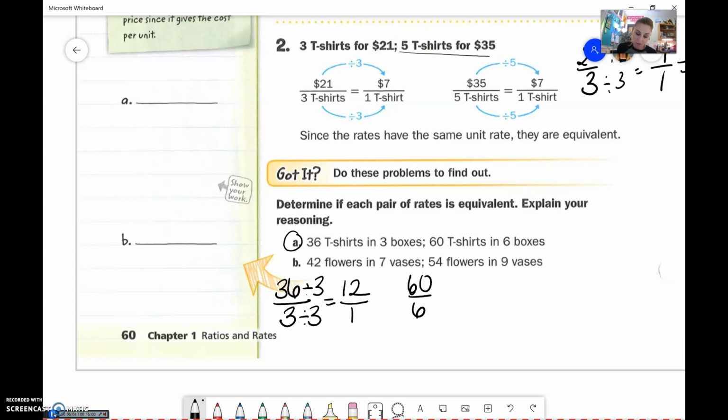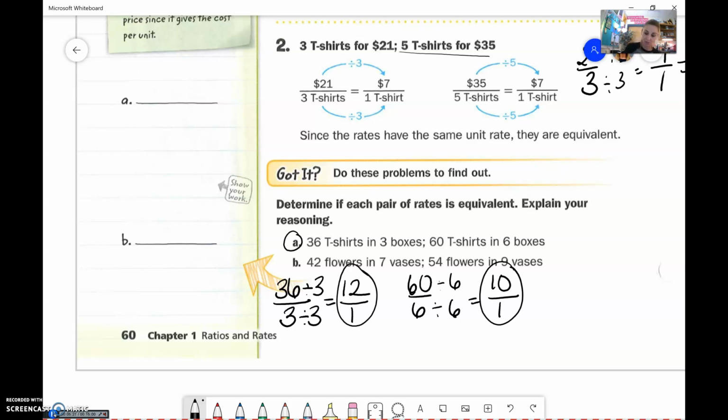So you're going to get 12 shirts in one box. That is our ratio for this one. Here we know we can divide each of these by 6, and in this one you get 10 shirts in one box. Are these two equivalent? No, they are not equivalent. And then we're going to explain our reason.